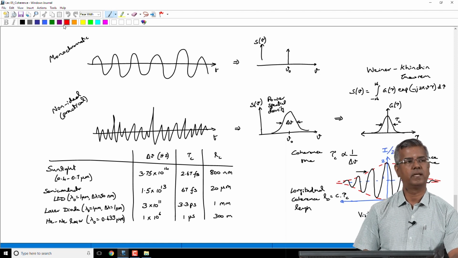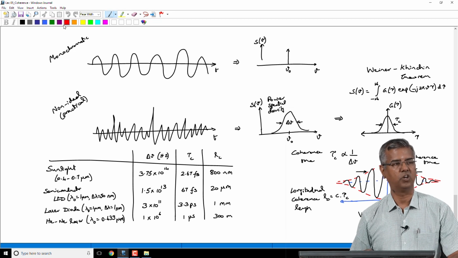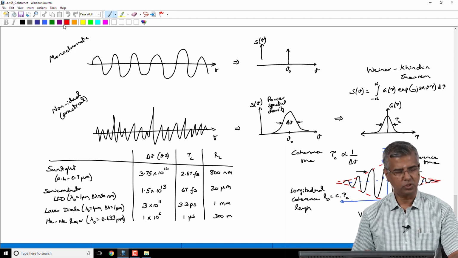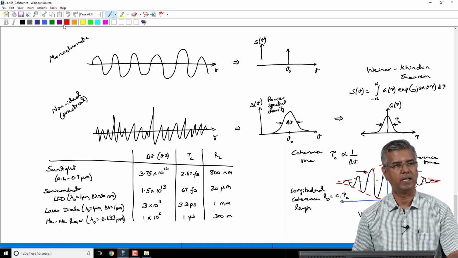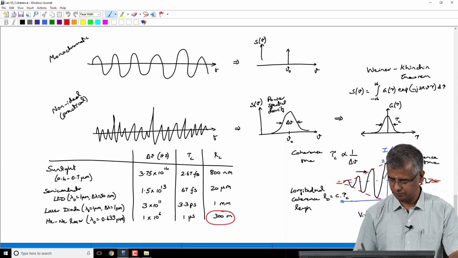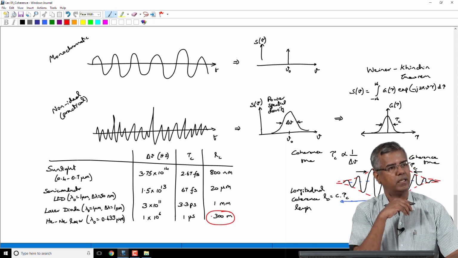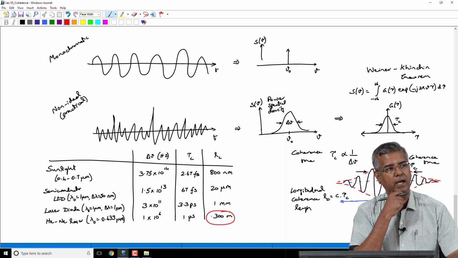So the coherence time or the coherence length is quite short, as opposed to a helium neon laser, which has a so-called single frequency operation, but the line width can be in the order of megahertz, in which case we found that the coherence length is rather high.